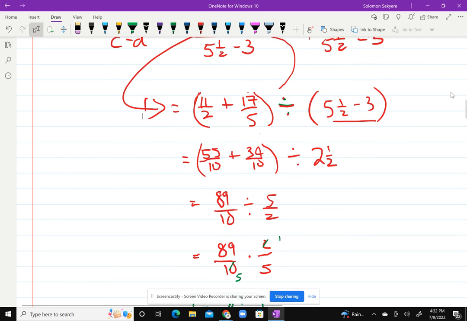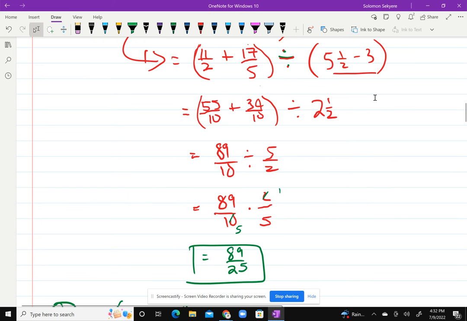We do the numerator first, or we can do the denominator, but just make sure you follow the order of operations. Use parentheses and evaluate what's in here. You know how to add fractions: 11/2 plus 17/5 becomes 89/10. And then 5.5 minus 3 is 2.5, which is 5/2.